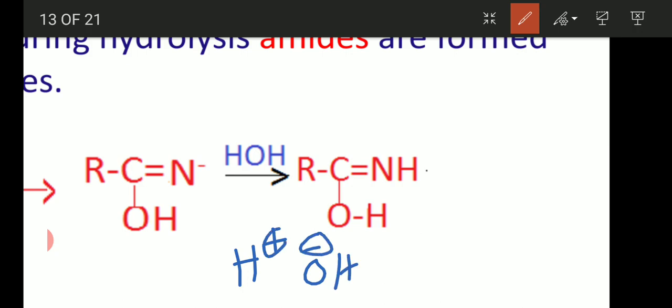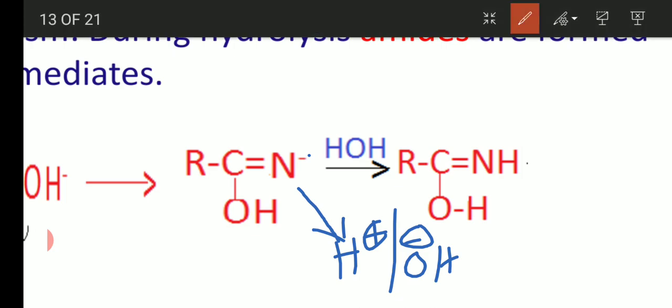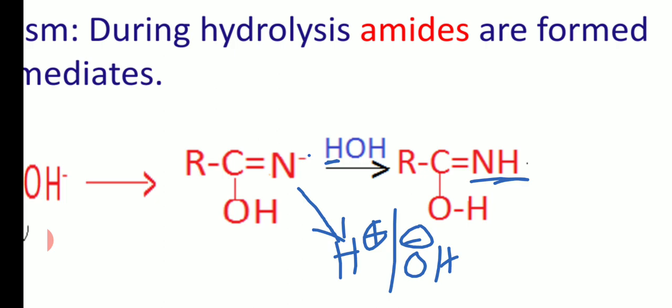Now this H plus part is forming a bond with N minus, and NH is forming. So this hydrogen has come from here. Now this way this compound has formed.